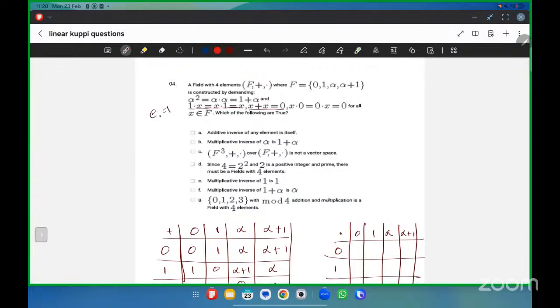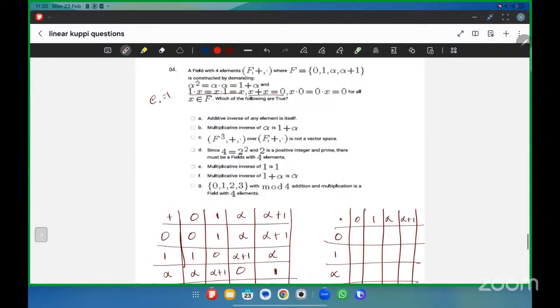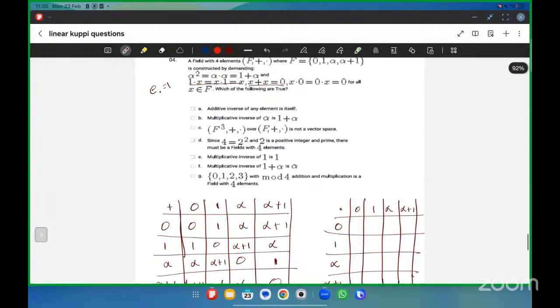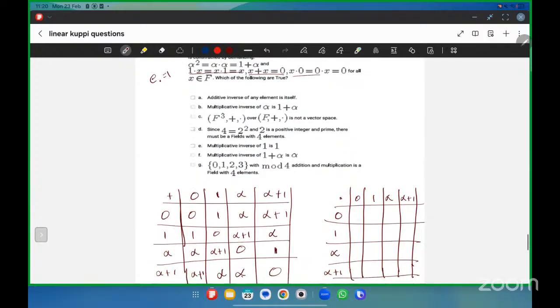And alpha dot alpha is alpha squared, which is equal to alpha plus 1. Row 0 is all 0, sorry.